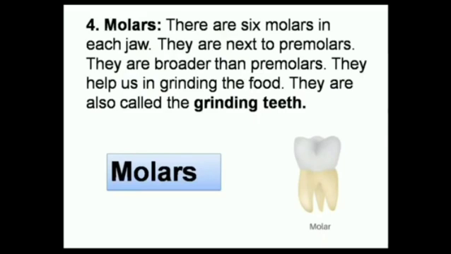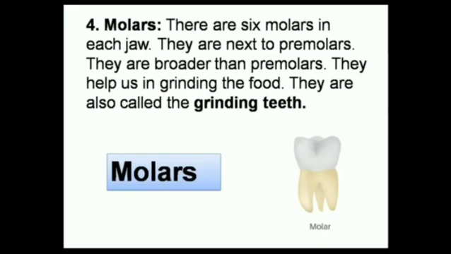Premolars are used to crack the food in pieces, but molars are used to grind the food further into a fine paste. So we have a total of 32 teeth, 16 in the upper jaw and 16 in the lower jaw.